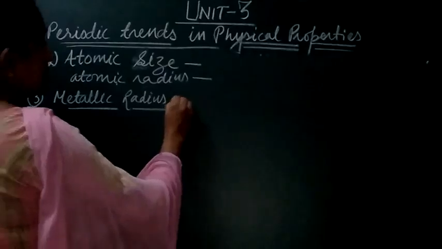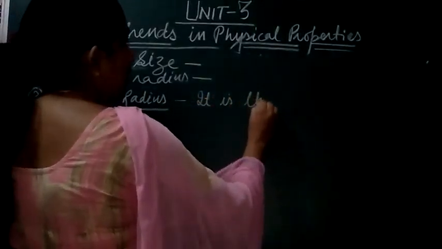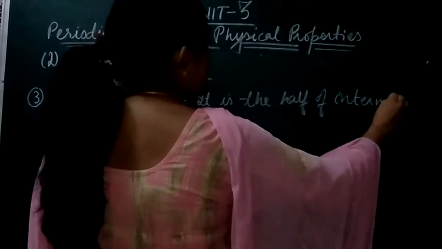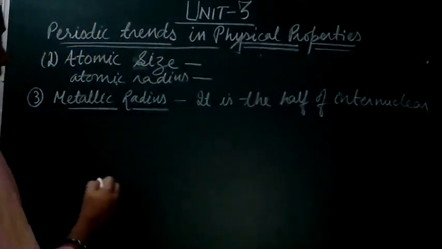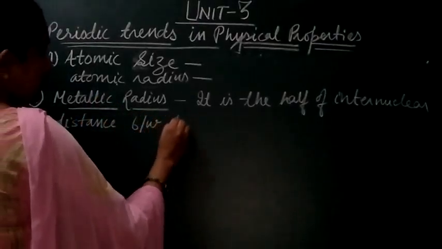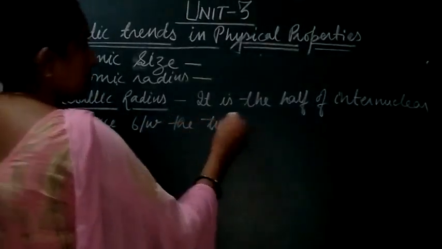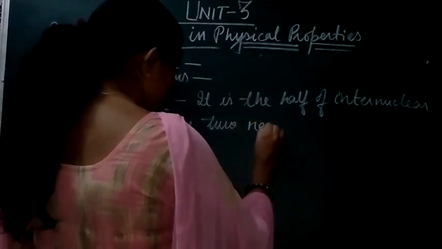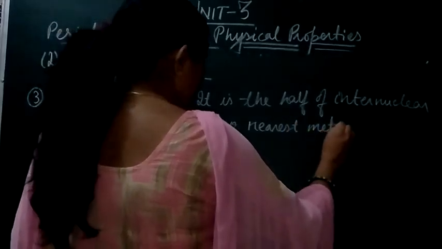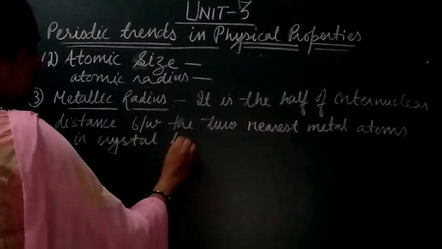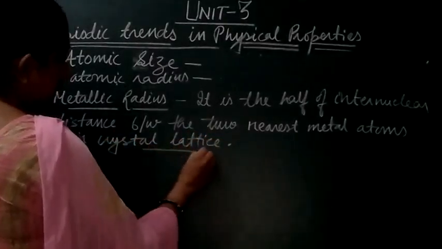So what is the metallic radius? It is half of the internuclear distance between the two nearest metal atoms in the crystal lattice, right?